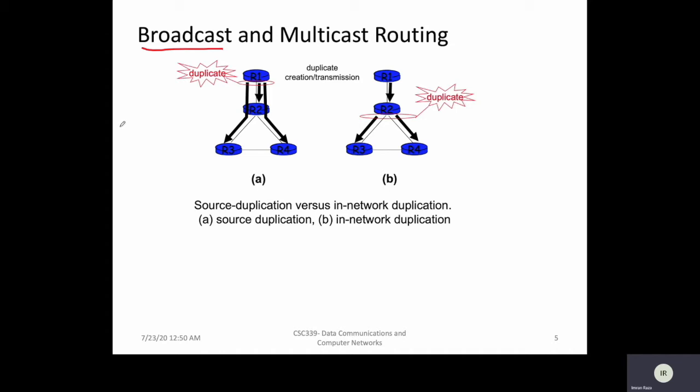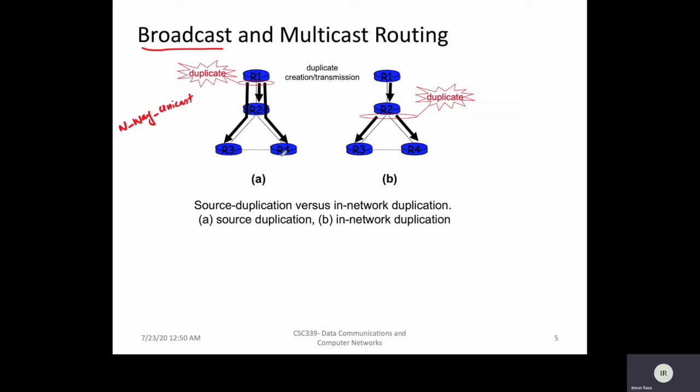So this is called n-way unicast. This means that R1, in order to broadcast a packet, will send n number of copies of the same packet to all the nodes on the network, right?